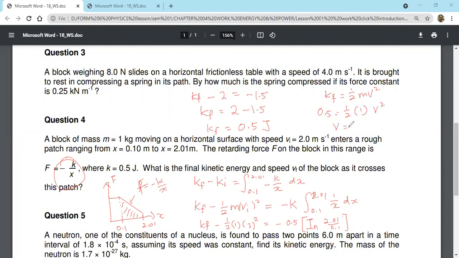So how much is v final? 0.5 times 2 is 1, and 1 divided by 1, so at the end, 1 ms negative 1. Okay, get it?